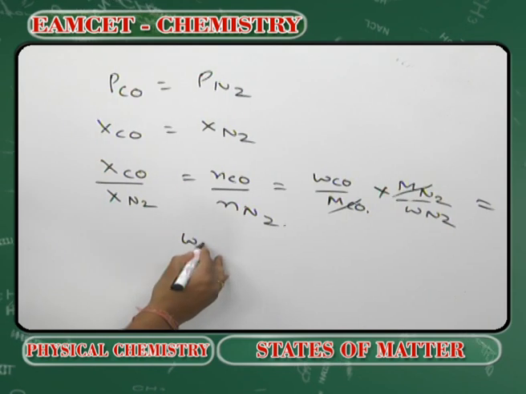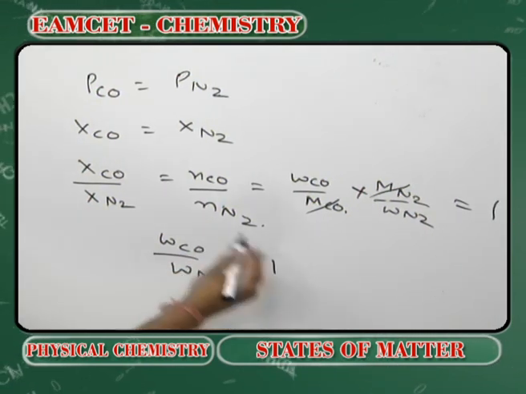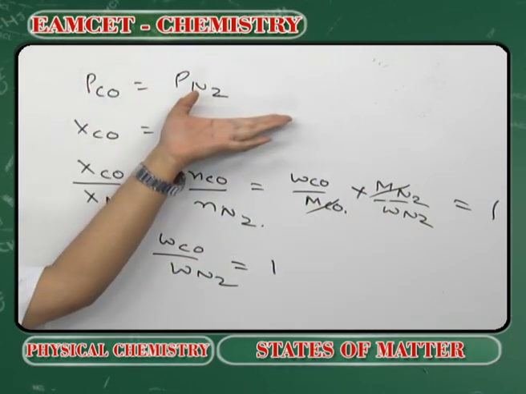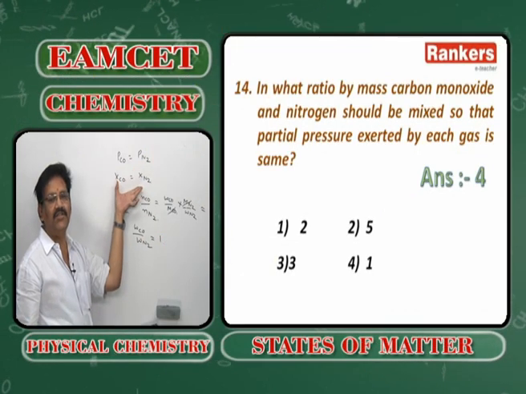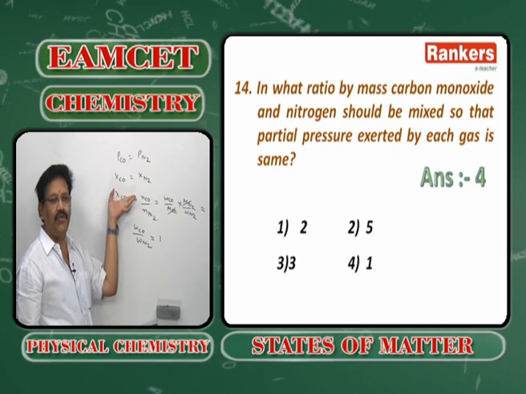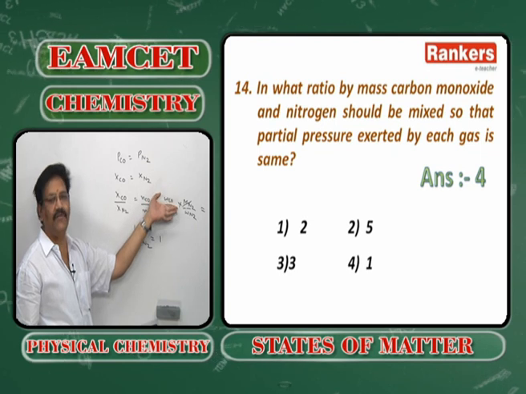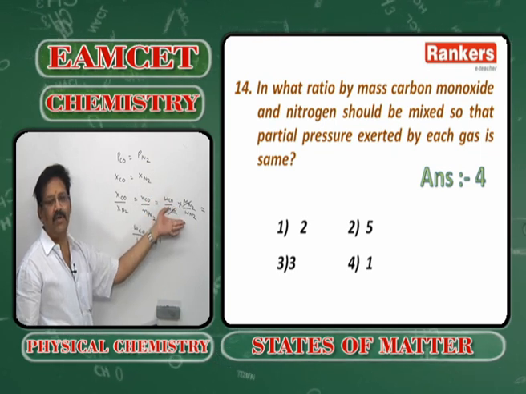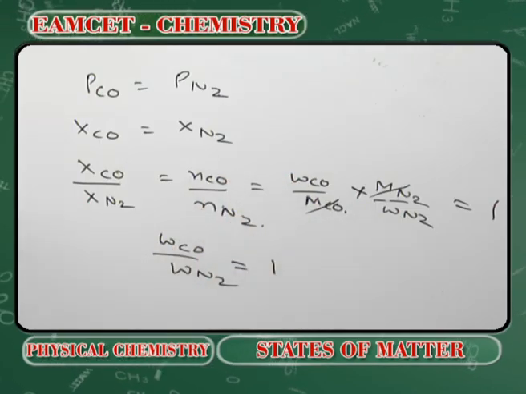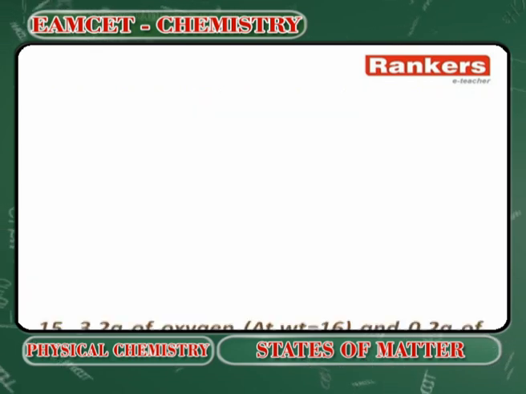So weight of carbon monoxide by weight of nitrogen should be equal to 1. For the partial pressures to be equal, the necessary condition is that mole fractions be equal. By definition, the ratio of mole fractions is equal to the ratio of the number of moles. Since molecular weights are equal for carbon monoxide and nitrogen, the weight ratio should always be equal to 1. So option 4 is the answer. Next.